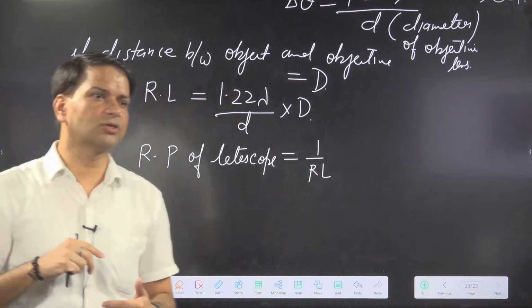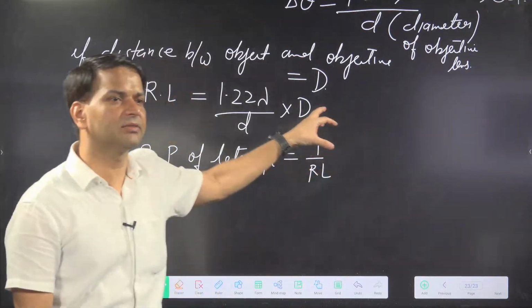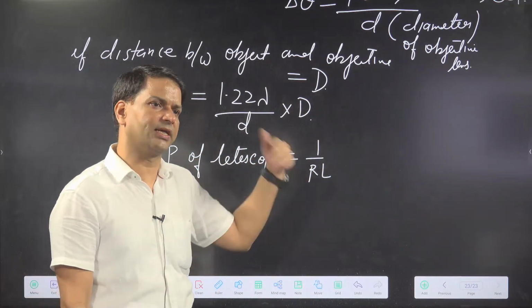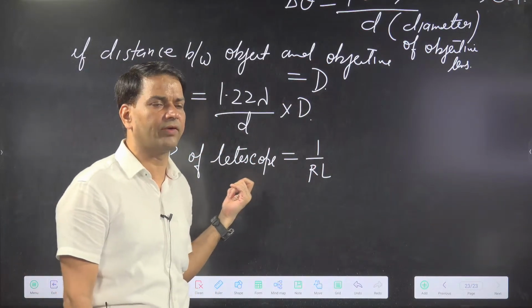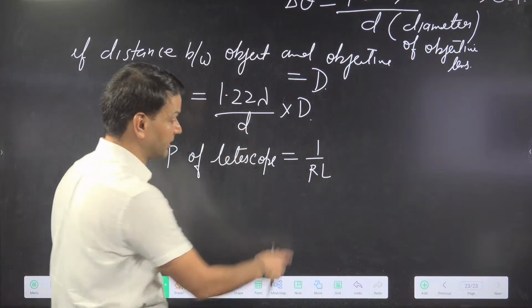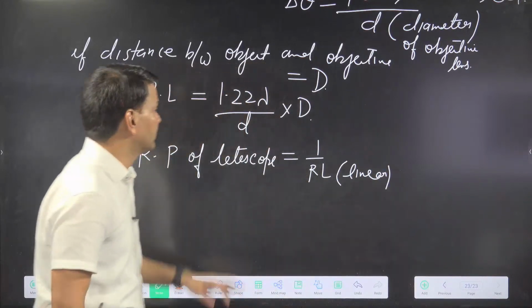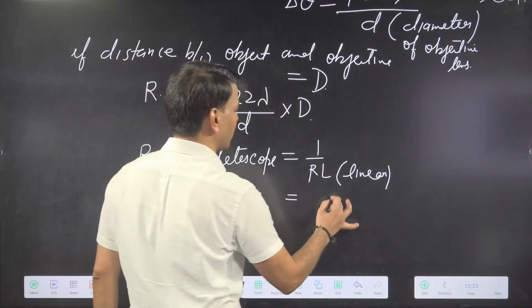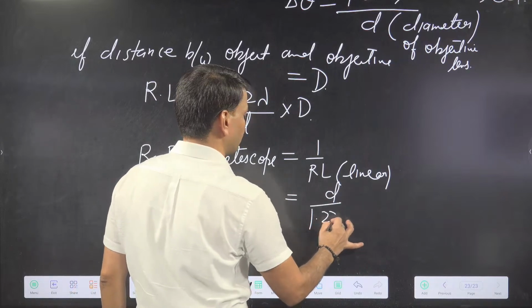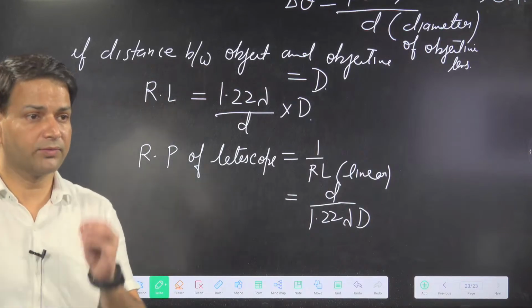When it is the angular resolving limit, we can use the proportionality, when we don't know the distance between them. Otherwise, directly the resolving power is the reciprocal of the resolving limit, and this is the linear resolving limit. Then you will get small d up, over 1.22 lambda into capital D. This we can use as the resolving power of the telescope.